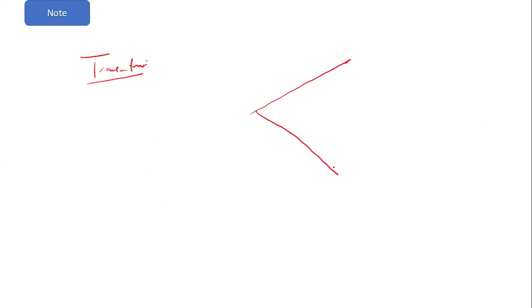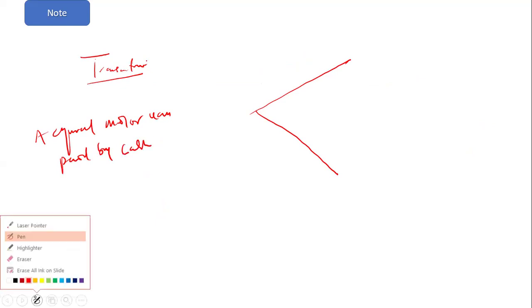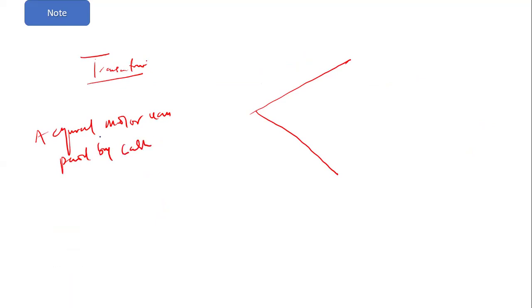Like what I said earlier, for example, we say acquire motor van, paid by cash. Let's draw this up. When you talk about motor van, you can see we can break this into two: motor van and cash.